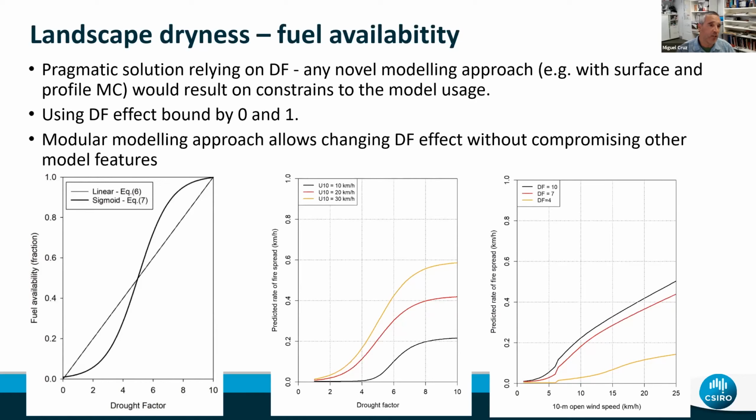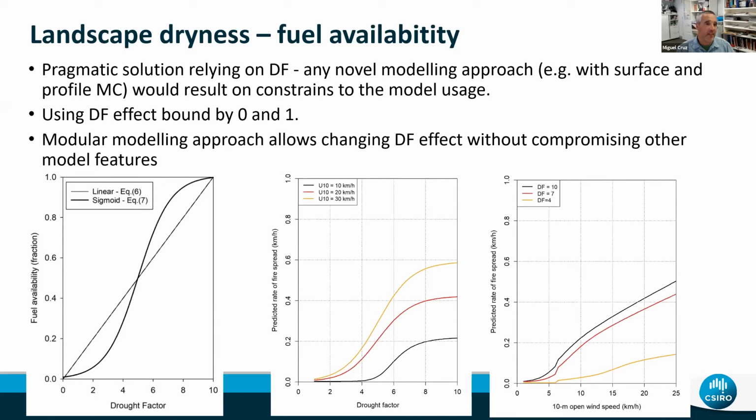And what he did was try two different approaches. One was using a linear function that links drought factor to fuel availability, as suggested by MacArthur's work, and the other was using a sigmoid curve that better mimics what we do with the curing effect in grass fire propagation.